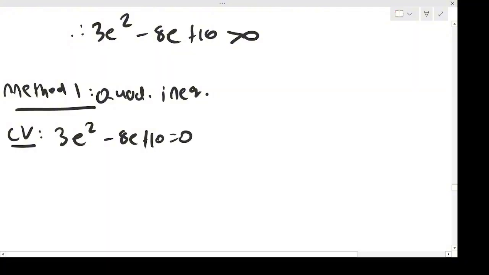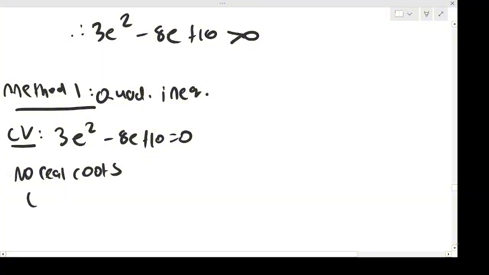If you were to solve it, you get imaginary roots, okay? So there are no real roots. If you were to put that in your calculator, you get imaginary roots, so no real roots.